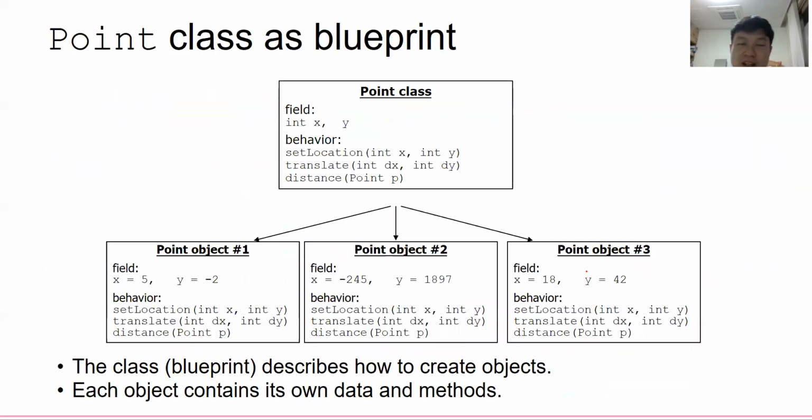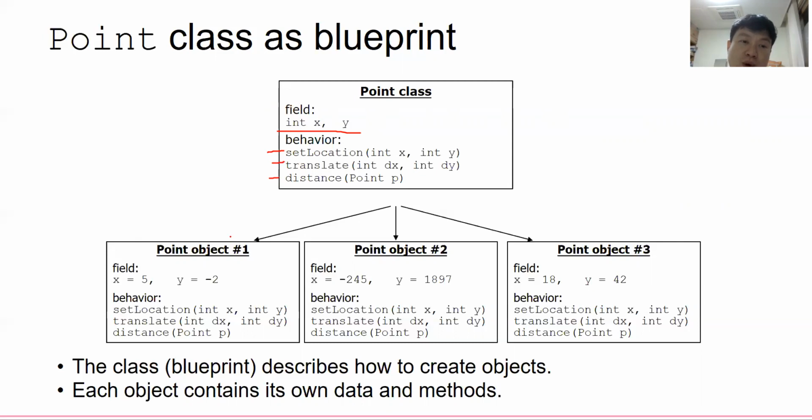The point can be a blueprint. What is a blueprint? It means if you have several points, you need at least one class, and this class will be the blueprint, and every time you want to create a new point, you will use this class. So the field consists of x and y. This is the member, and the behavior consists of 3: set location, translate, and distance.